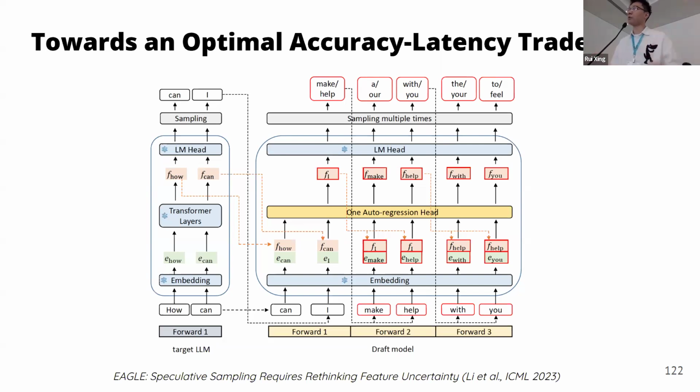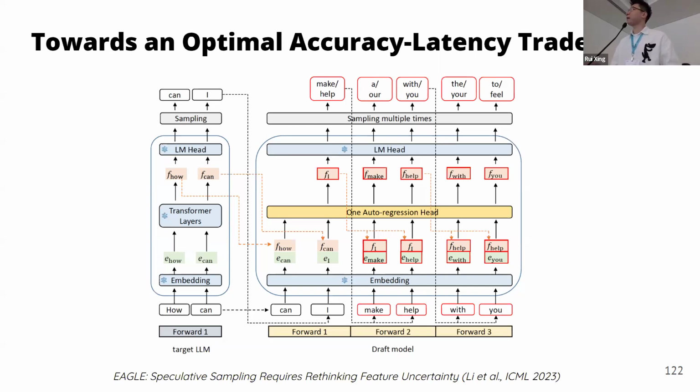So that compared to Medusa, compared to the non-autoregressive draft way, Eagle introduced token dependency between the draft tokens so that it can further improve the draft quality, so as the speculation accuracy.